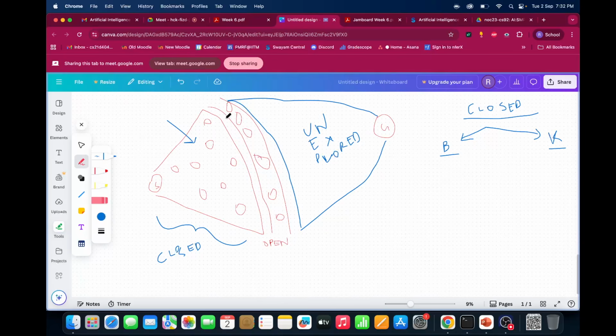The boundary list consists of all those nodes in the closed list that have at least one connection to the nodes in the open list. For example, this, and let's say this, or let me draw it properly.